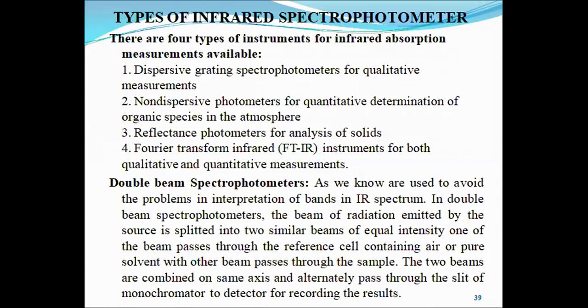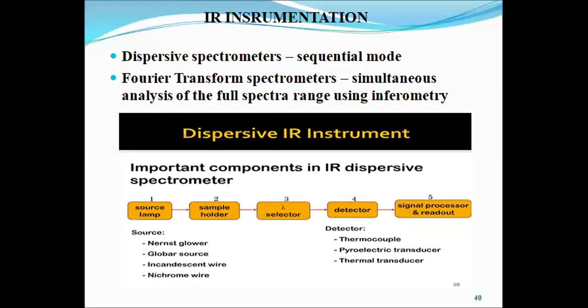Of the two beams, one passes through the reference cell which contains air or the pure solvent, while the other beam passes through the sample. The two beams are combined on the same axis, alternately passed through the slit of the monochromator and go to the detector for recording of the results.